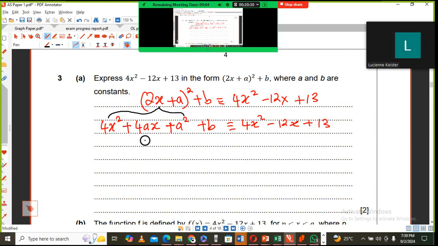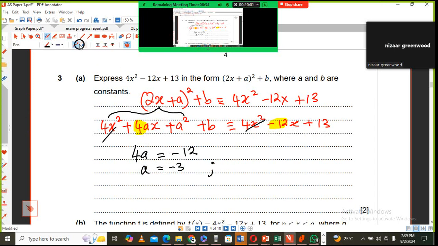So at the end of the day, there's nothing I can do with the 4x squared and the 4x squared. They are just going to be the same. But the 4a equals negative 12. So I am comparing this coefficient with that coefficient. Are we together there? That implies that my a is negative 3.